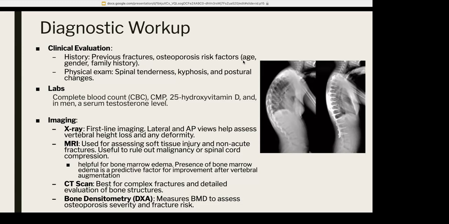Was it some kind of actual trauma? Because if they have normal bone health, it's not really going to be a compression fracture if it's a high mechanism or high impact injury. But if it's something like a ground level fall, you think, well, that shouldn't be happening in a normal healthy person. So maybe that's something that would point you towards that in the right demographic.